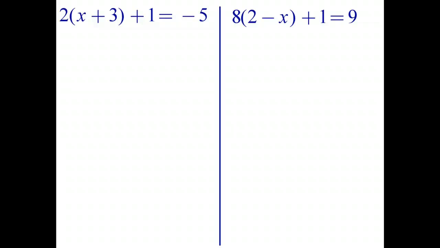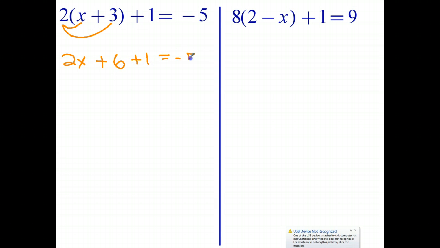Okay, welcome back, students. With the first one, we're just going to have to start by expanding the brackets. So 2 times x is 2x, plus 2 times 3 is 6, plus 1 equals negative 5. 6 plus 1 adds to 7, so 2x plus 7 equals negative 5.